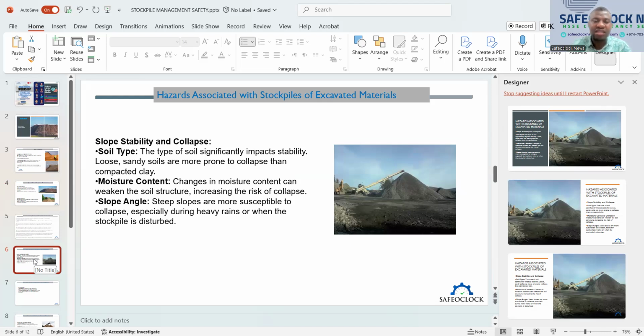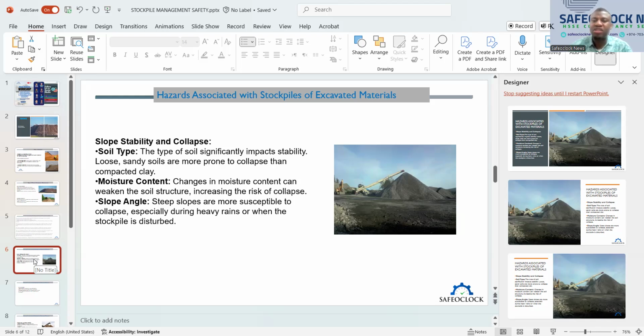There's a possibility that it can fall, and when it falls, if people are within that location, it can fall on them, depending on the height of the stockpile and the type of material that was stockpiled. That is one of the hazards associated with it. The moisture content also: when it increases, it can weaken the soil structure. So this will increase the likelihood of collapse.